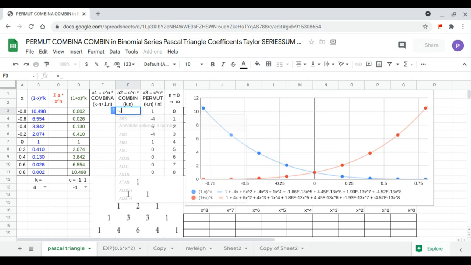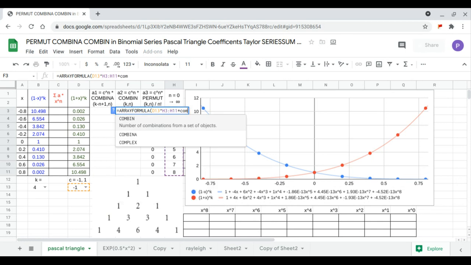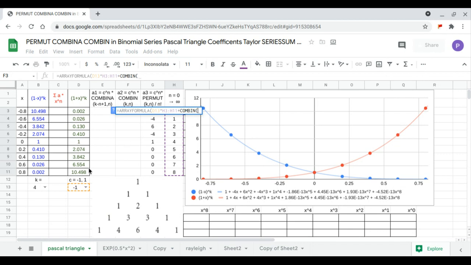This is equal to array formula c to the power n times combine k comma n. Then enter.